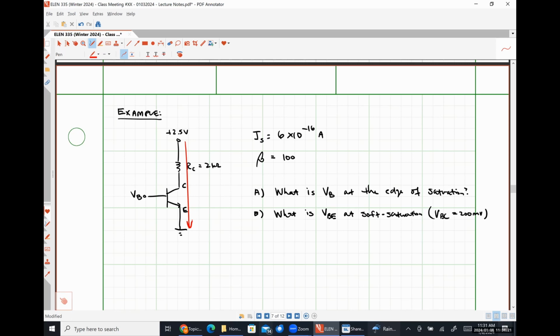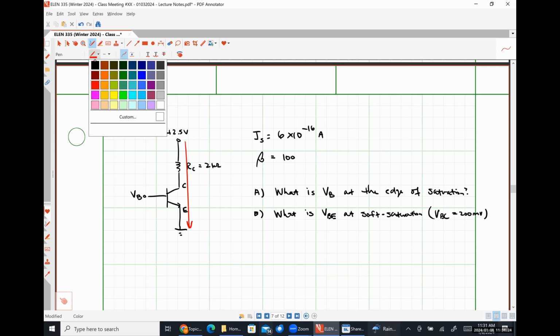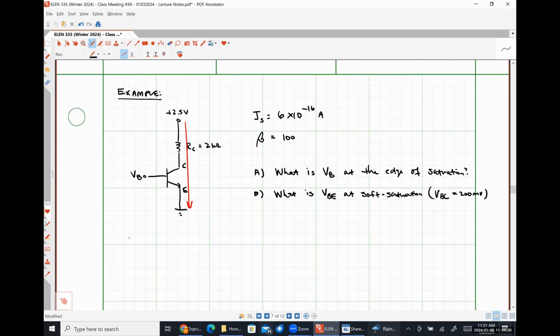right-hand leg, right? So using KVL, I could say, let's look at part A here, that 2.5 volts will be equal to whatever my collector current is times RC plus that voltage VCE, where I'm going to explicitly say that this is our voltage VCE, so we're all catching what I'm throwing.